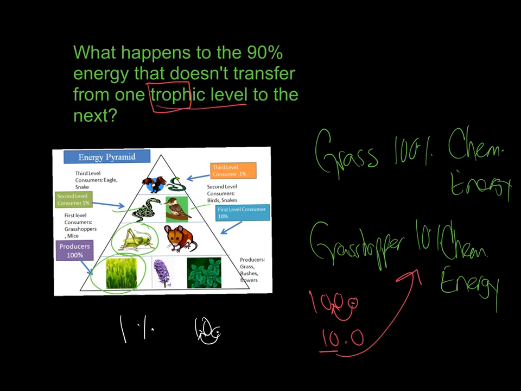And then finally, again, they use up some of this energy for daily functions. So that 1% energy that we have here, we move that decimal over. So at the very top level in this energy pyramid, it has only 0.1% of the original energy we started with. So again, the energy decreases as you move your way up.